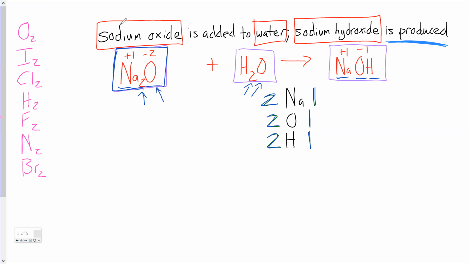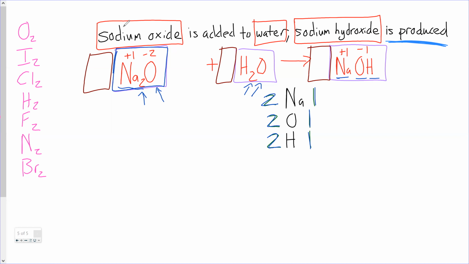I can't say Na2O2 or anything like that because that's not the formula. So now I have to add coefficients, which are the big numbers in the front, which will go right here, or here, or here. That's the only thing I can do to change this equation now.